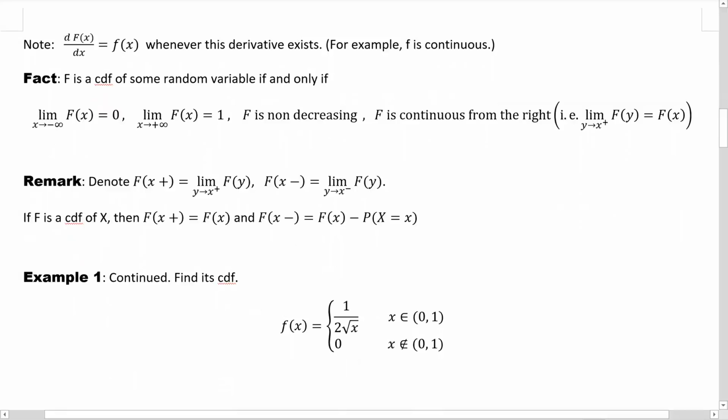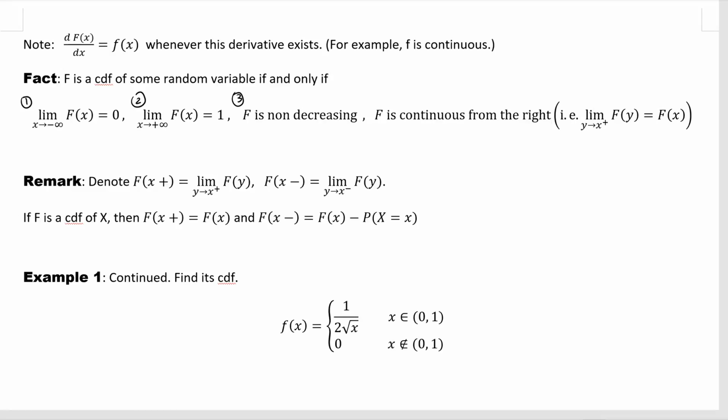Fact: capital F is a CDF for some random variable if and only if the following happens. So we already talked about this before. First, when x goes to minus infinity, the limit is 0. When x goes to positive infinity, the limit is 1. And F is non-decreasing. Okay, it's not strictly increasing.